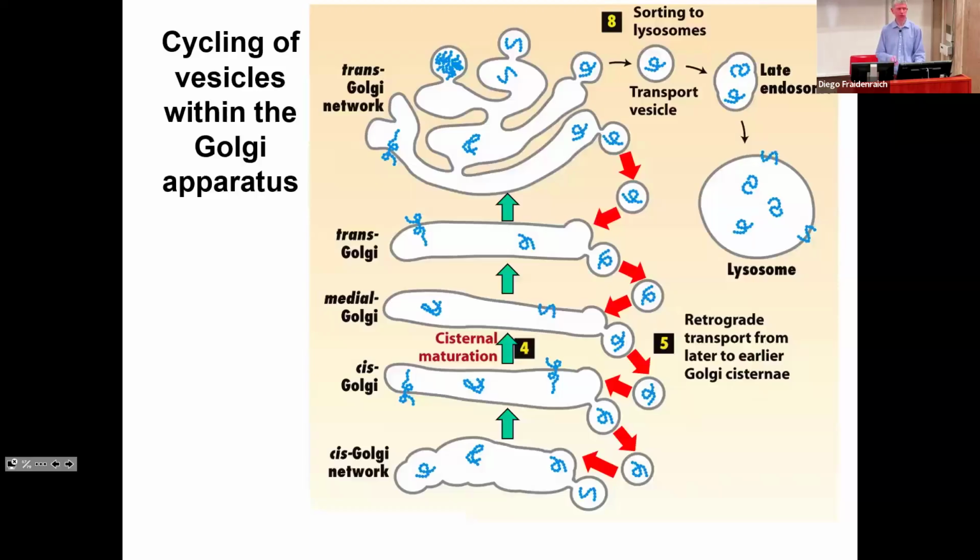This could also be the same mechanism I just explained with the ER resident protein, so similar processes within the Golgi network.